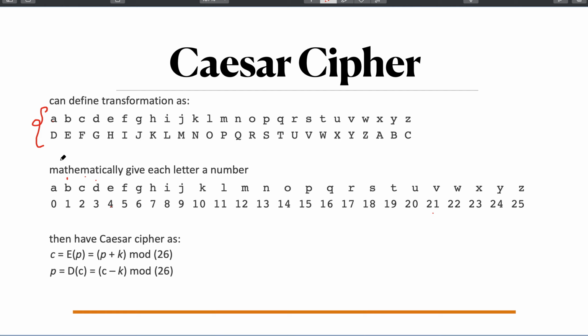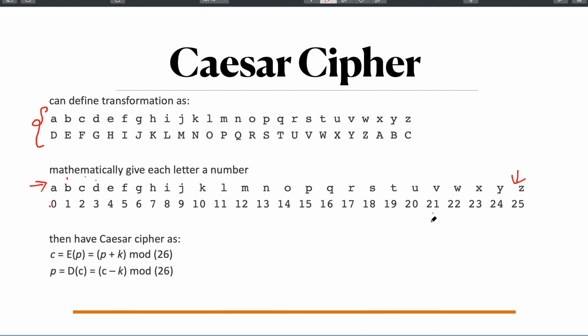Now we are going to derive a mathematical relationship. For that we are going to give a number to the alphabets starting from 0 to 25. A is given the number 0, B is 1, and likewise when you reach Z, you will reach the number 25.